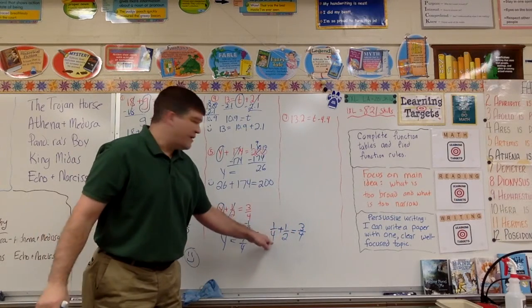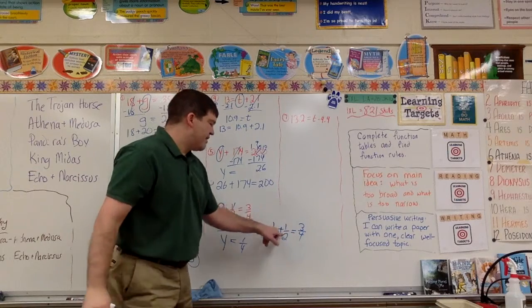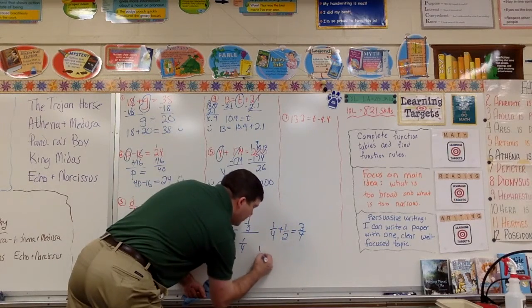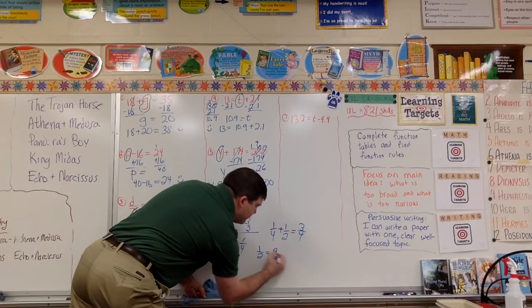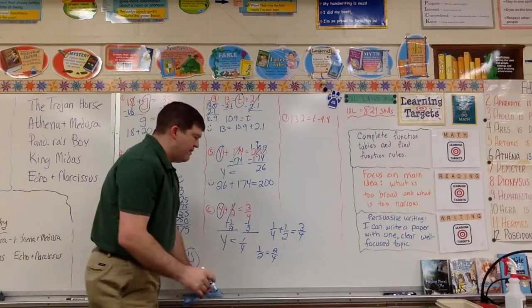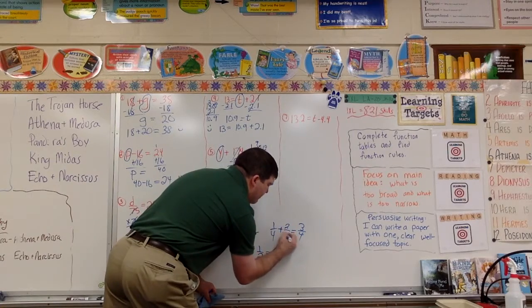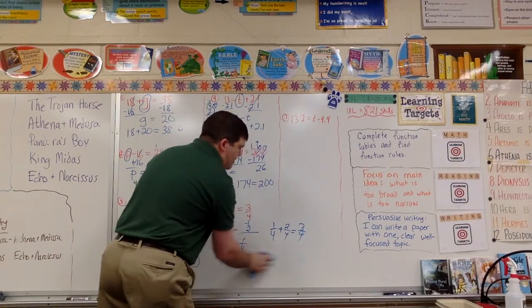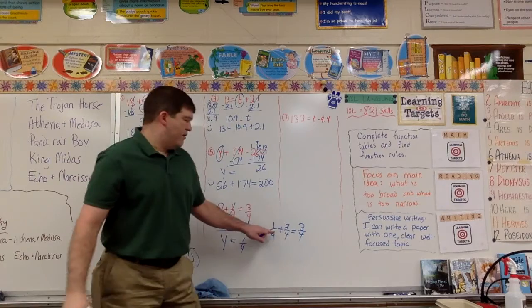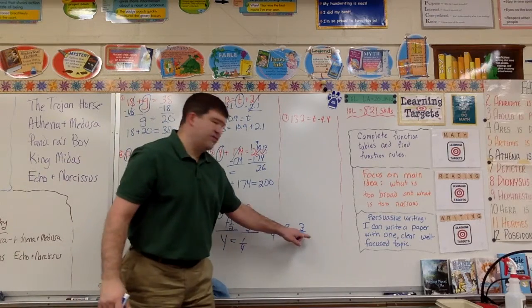Okay, when I add fractions, I need common denominators. We already established that 1/2 is the same as 2/4. So I'm going to put this as 2/4. Now, 1/4 plus 2/4 equals 3/4.